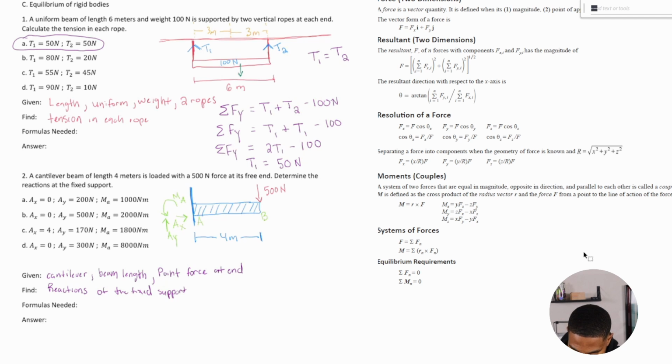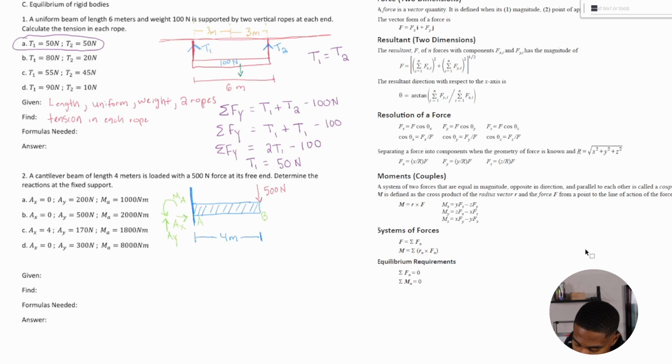So let's take a look at this. So the sum of the forces in the x direction, I'm going to erase some of this so that we can have enough room to write out these equations really quick.